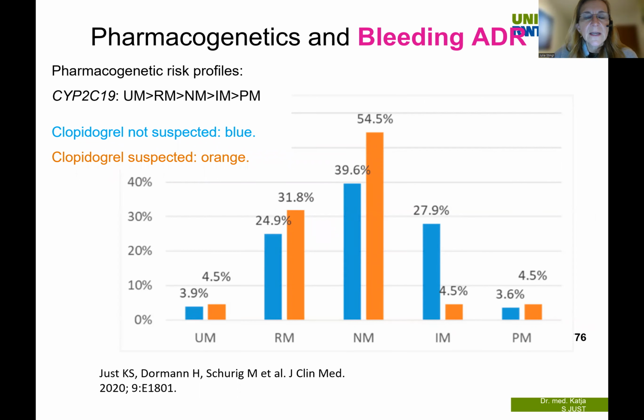That's what you see here in the orange group, where clopidogrel was suspected to be causative for bleeding complications. The risk genotypes, which are here from the left to the right, with a decrease in risks, the risk phenotypes were more pronounced than in the bleeding complications where clopidogrel was not suspected.